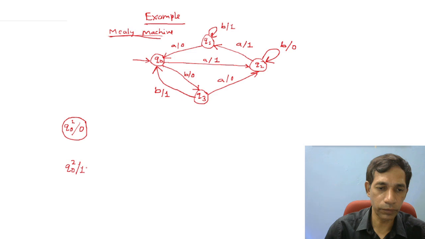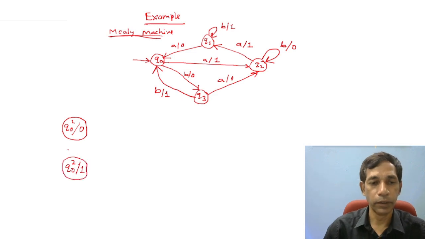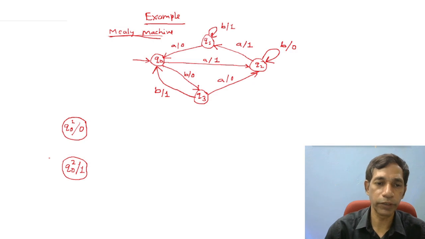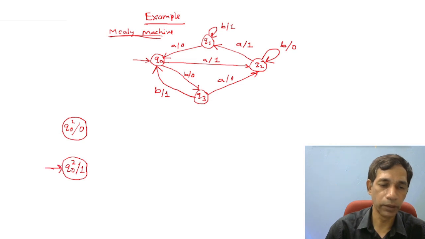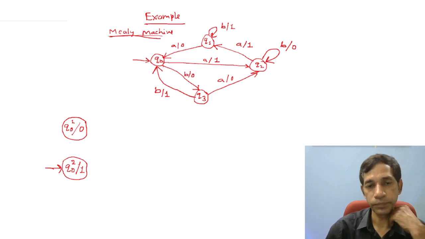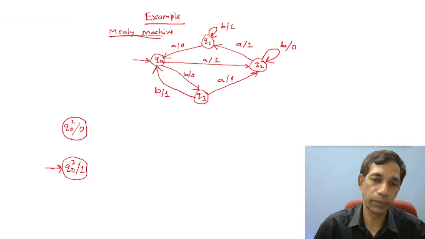This state is going to produce the output 1. Now Q0 is the initial state, so arbitrarily you can make either of these states the initial state. We can make this the initial state, or this one, there is no problem. So we have made the copies of this state.